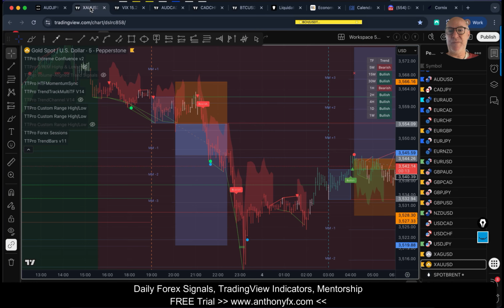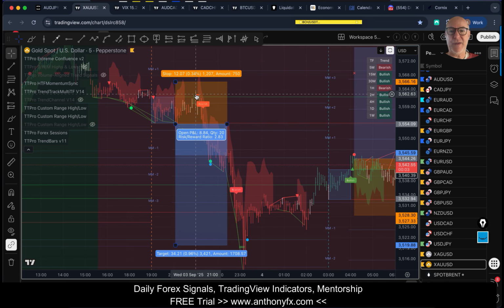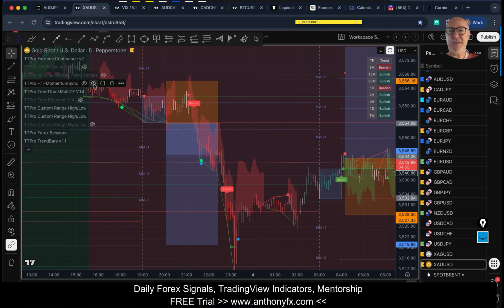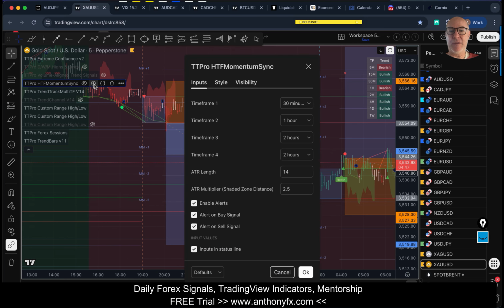So that's what this whole thing that I've been developing over here is all about. And it's really only come together in the last week. So at the moment, this is still fairly new, but it's showing a lot of promise. And in this particular configuration, using this indicator here, this is tracking multiple time frames and looking at buying and selling volume within those time frames coming together and giving us a fairly high probability signal pretty much.